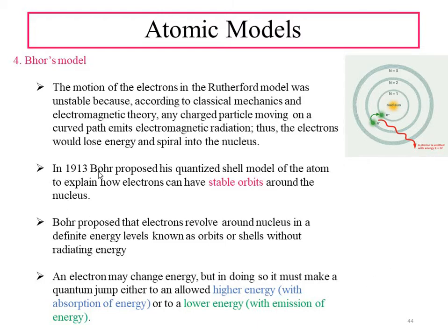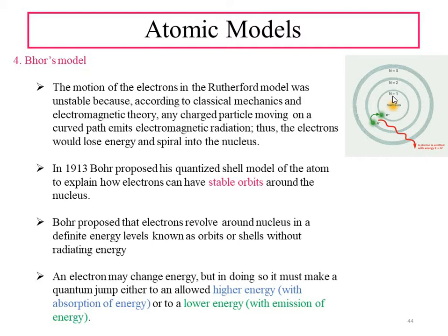Now, in 1913, Bohr proposed the quantized shell model of the atom to explain how electrons can have stable orbits. What is a quantized model? There's a center nucleus, and around the nucleus there are certain orbitals or energy levels.